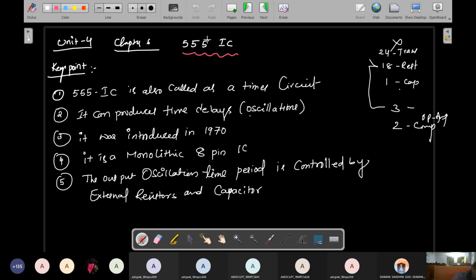Why we call this a potential divider, and how a potential difference will exist at each point of the resistor, I'll explain later. But just remember that point: 555 IC is so called because we are using 3 equivalent 5 kilo ohm resistors.